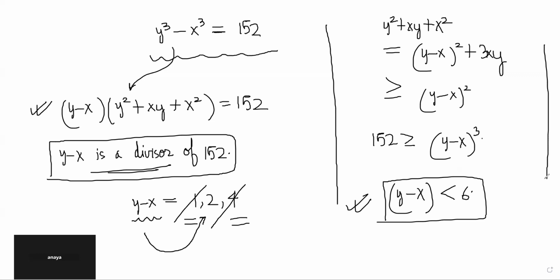Then for the sixth one, we need 3 squares such that the sum of them is also a perfect square, right? So the first thing you should do is list down some squares.